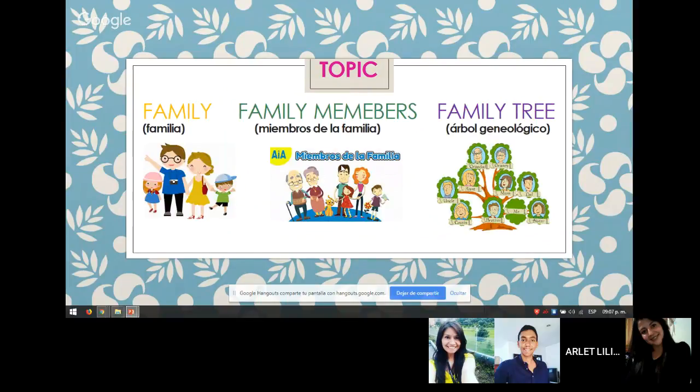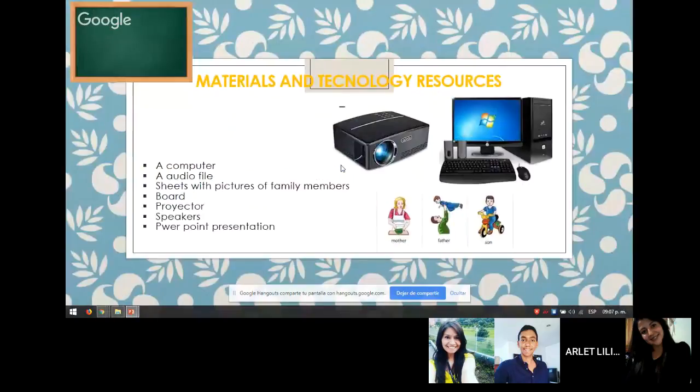Materials and technology resources: library, the file, slides with pictures of family members, board, projector, speakers, a PowerPoint presentation.